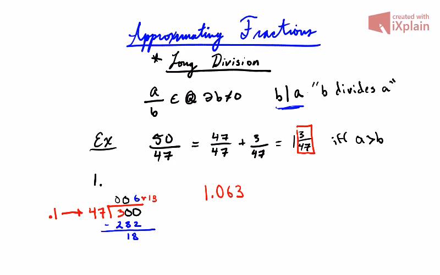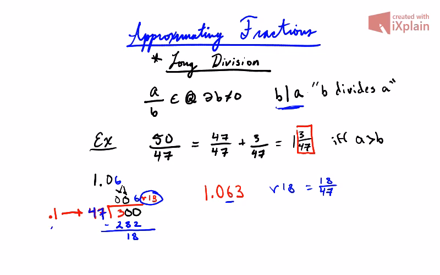Well, me borrowing made a 0 because I had to borrow. And then immediately I found that 6. But what this R18 really means is you've got 18 divided by 47. So the divisor, 47, you have the remainder divided by the divisor. So now you have to ask yourself, hey, does 47 go into 18?